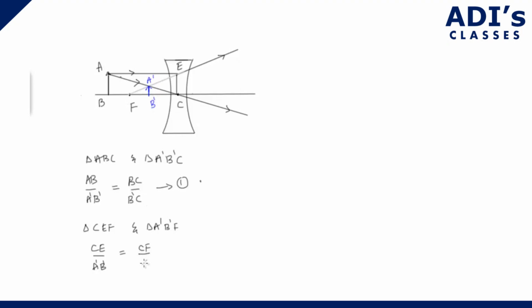Now we have these two equations. CE and AB are one and the same, since CE is equal to AB.